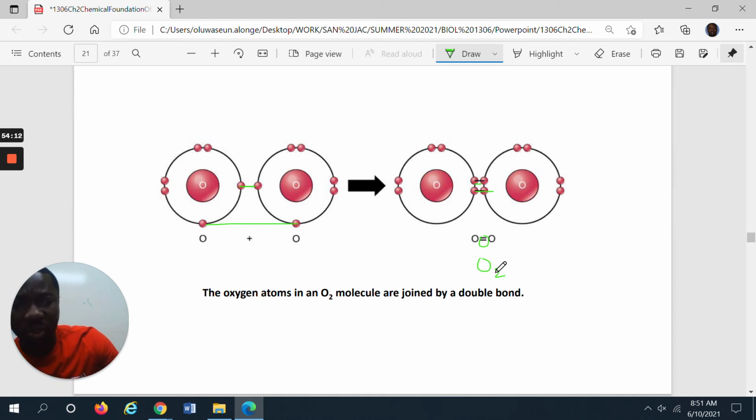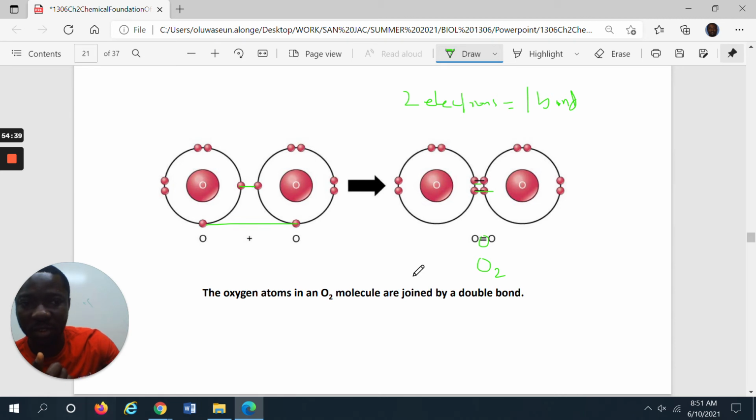Do you remember I told you how many electrons are needed to form a bond? 2 electrons are needed to form one bond. So if I need to form 2 bonds, how many electrons do I need?